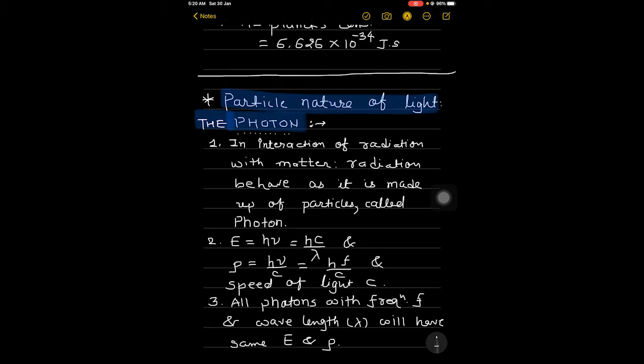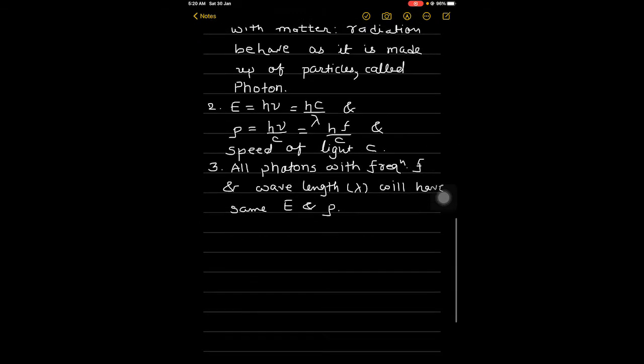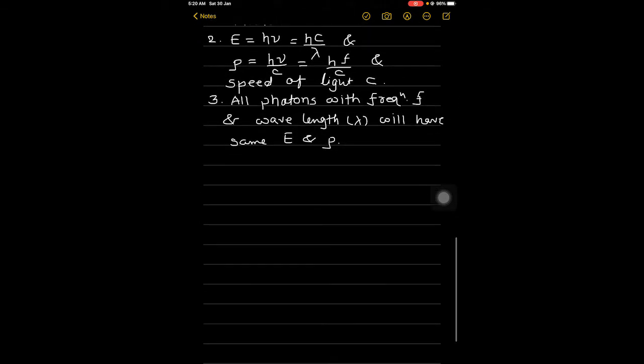By increasing the intensity of light of a given wavelength, there is only an increase in the number of photons per second crossing a given area, with each photon having the same energy. Thus photon energy is independent of intensity of radiation.